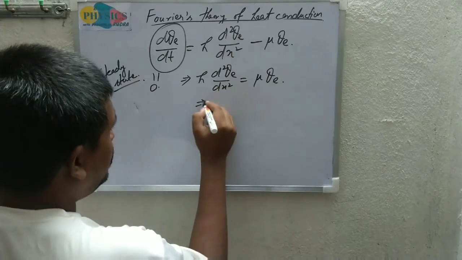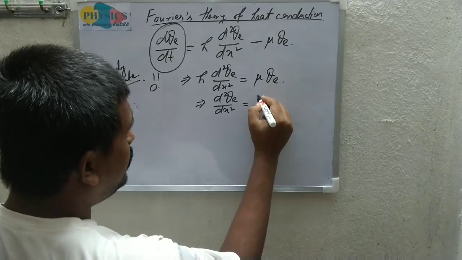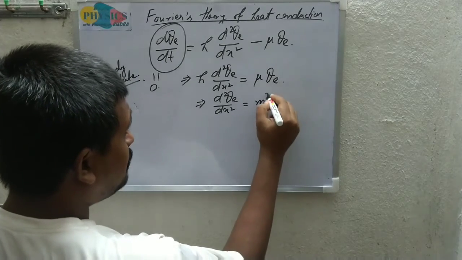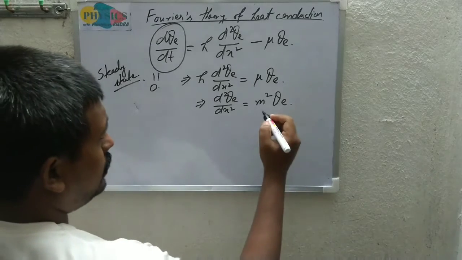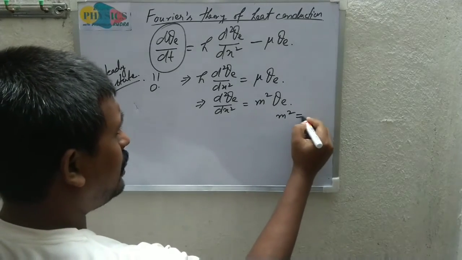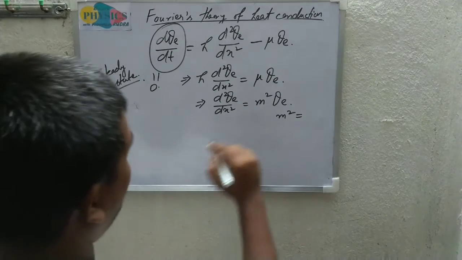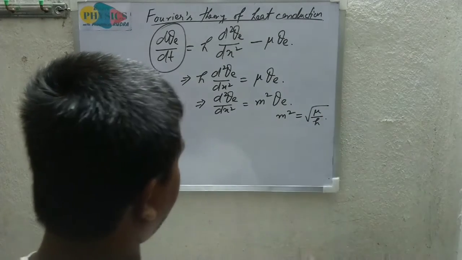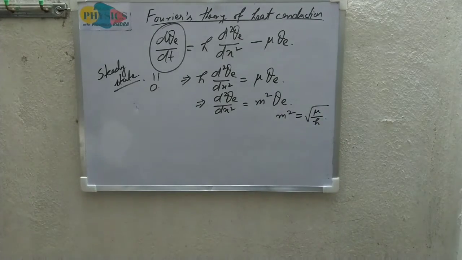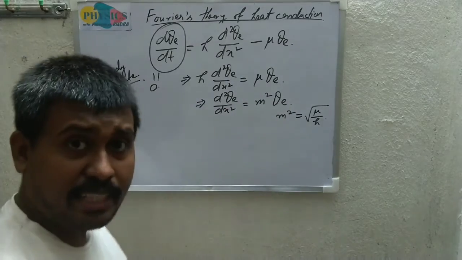From this we can also write d2 theta e by dx2 equal to m square theta e, where m square is basically mu by h.